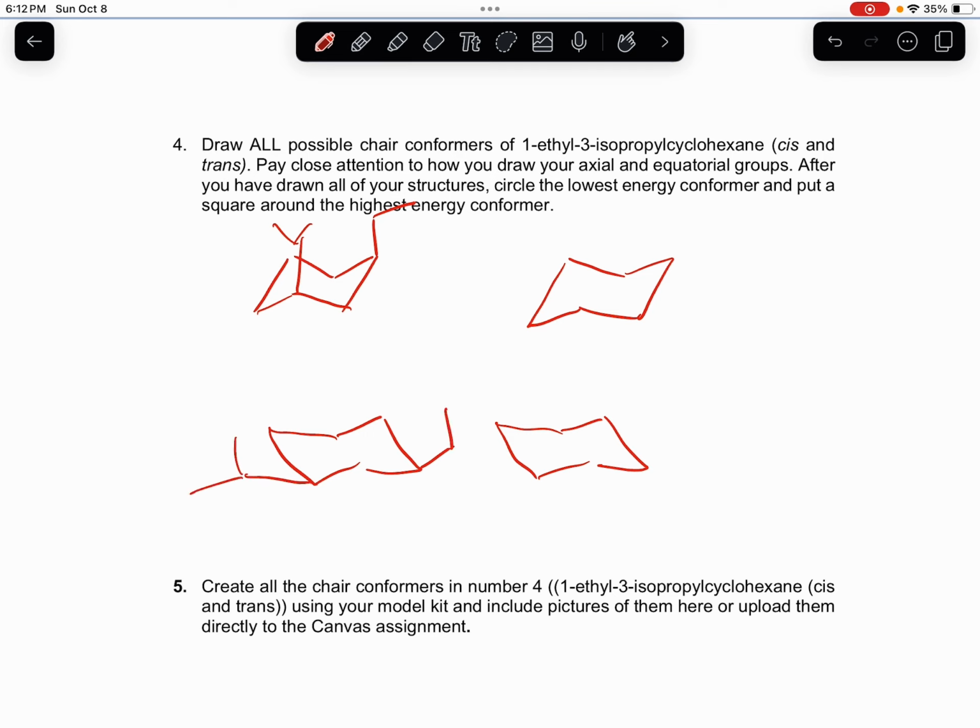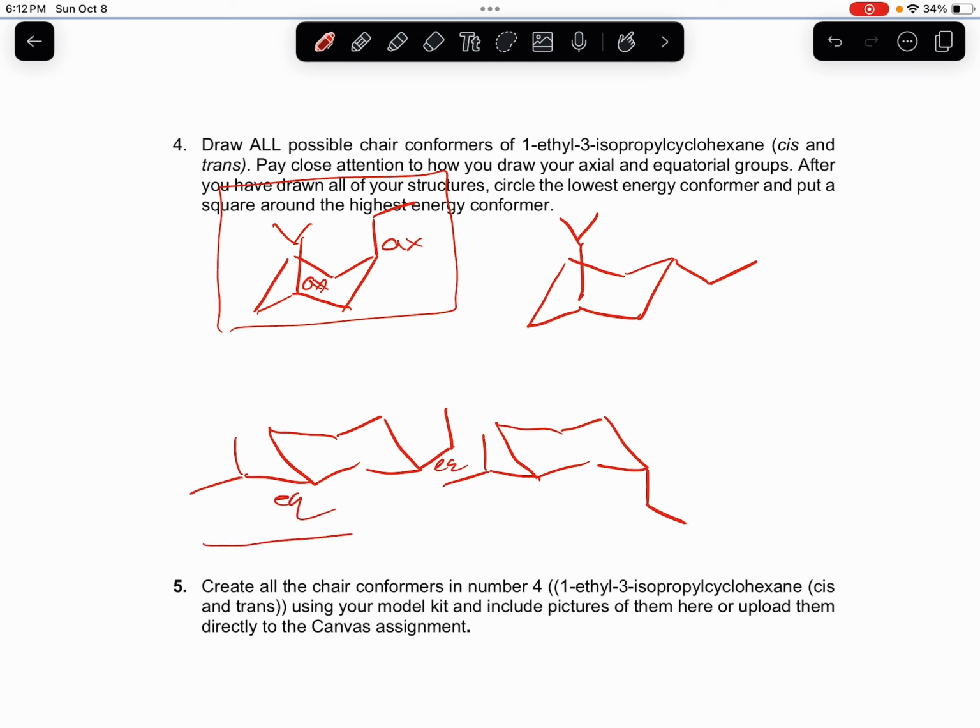And then I have the two trans, so maybe I'll just keep the isopropyl here and make the ethyl group here down. And so ethyl down and isopropyl up. And we know that the highest energy conformer is going to be this one with both axial. And then the lowest is going to be the 2 equatorial. And then the two trans forms, where you have an axial and equatorial, and an axial and an equatorial, are going to be in the middle.